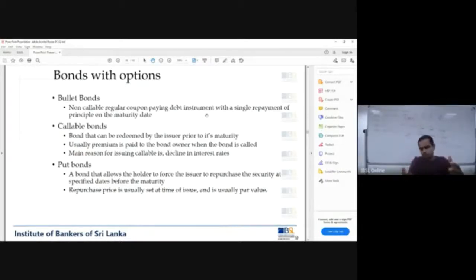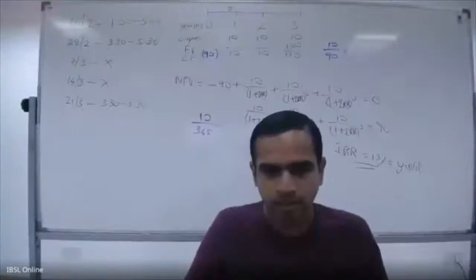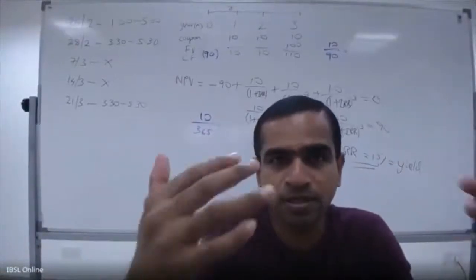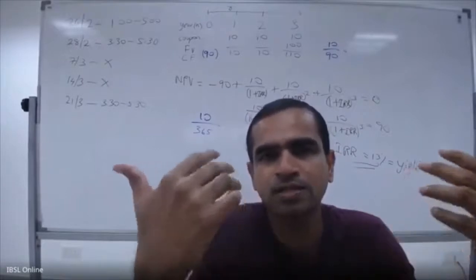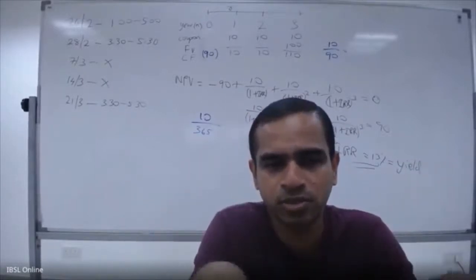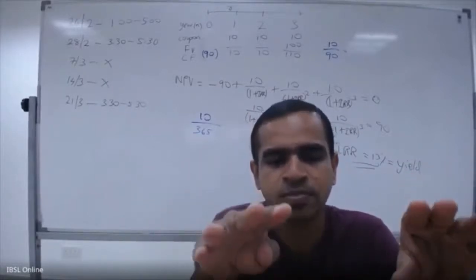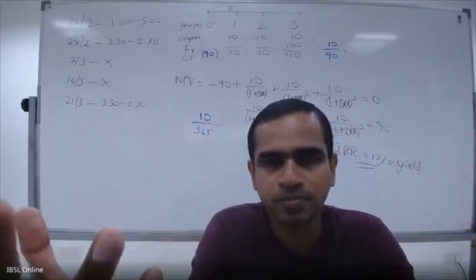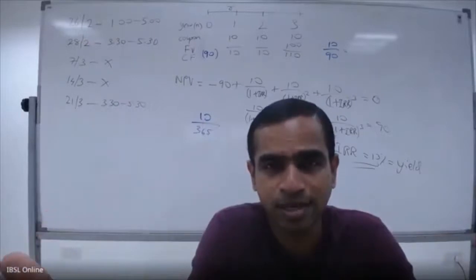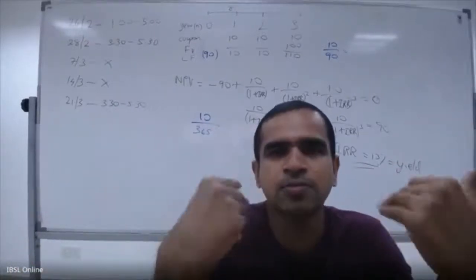Whereas for callable bonds, if interest rates are going down, the borrower will want to refinance at a lower rate. Right? He will want to reduce cost and refinance at a lower rate. Okay, so what he will do is he will get the lender to sell it back to him. He will call the bonds back.